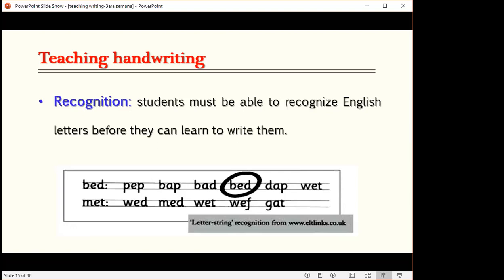Met, okay, where is met? Oh, met. No, there is no met. So in the second one, there is no met. So there is no word. So they are going to recognize, notice, the English letter, the form of these words, how we are going to use the letters. All right, so this is one of the aspects, recognition.